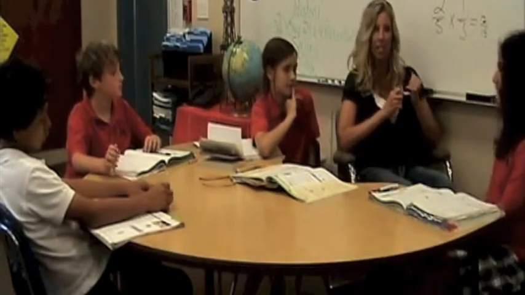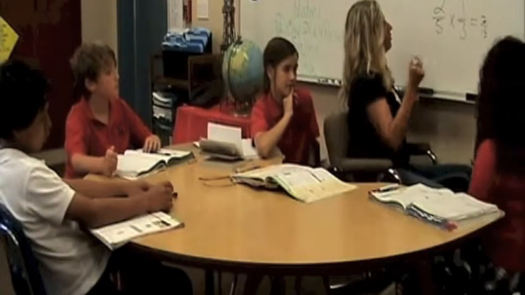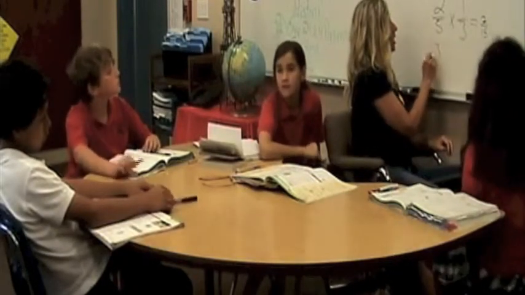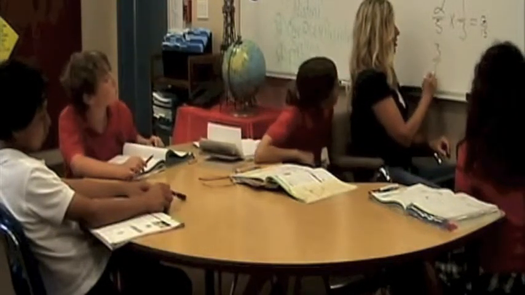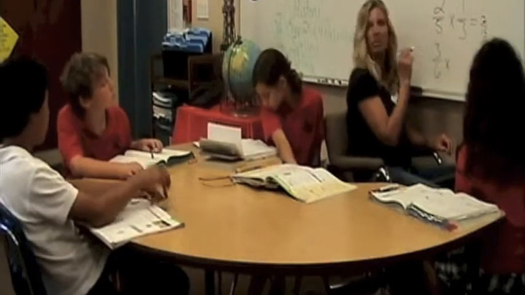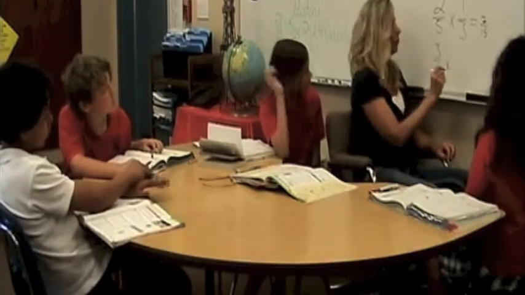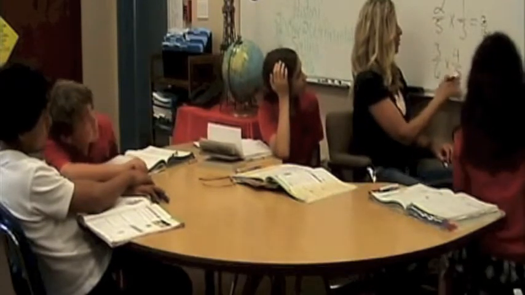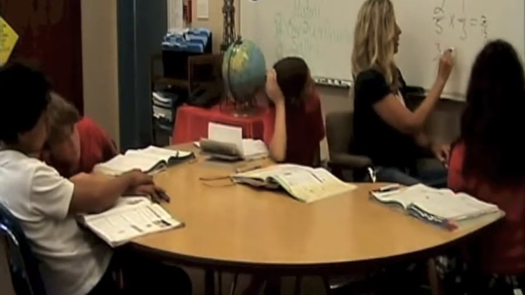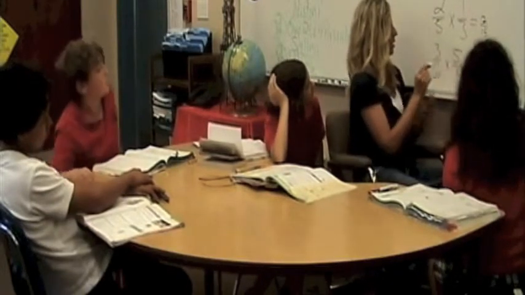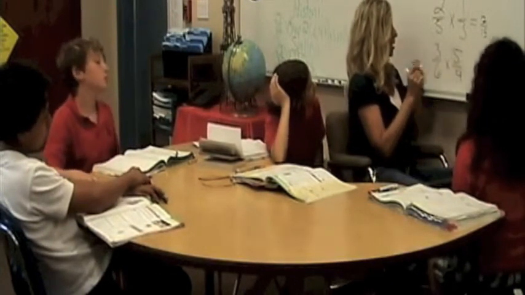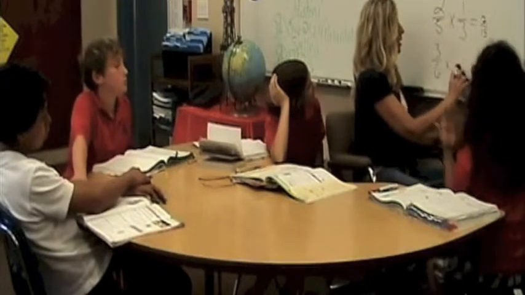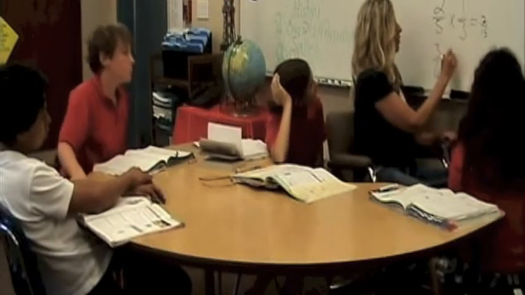Very good. Now, what if I had 3/6 times 4/5? No, let's say I had 3/6 times 4.